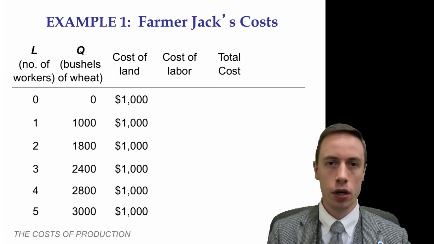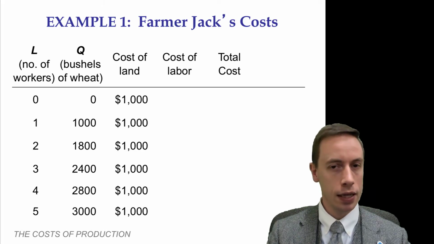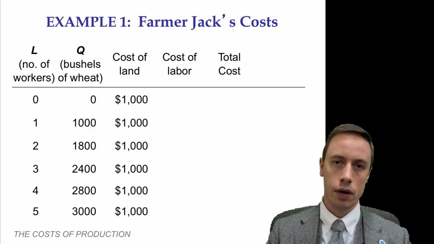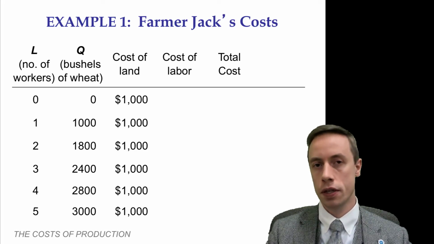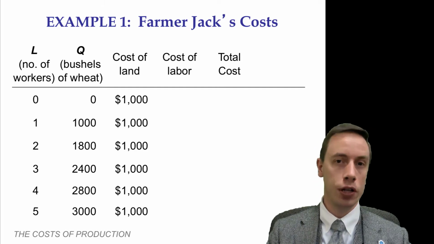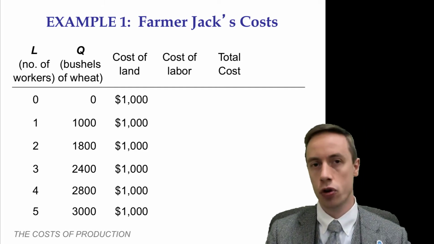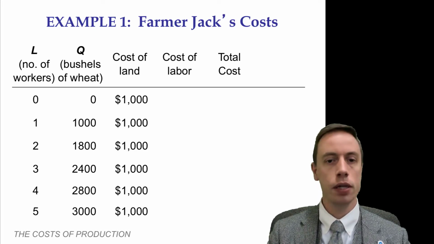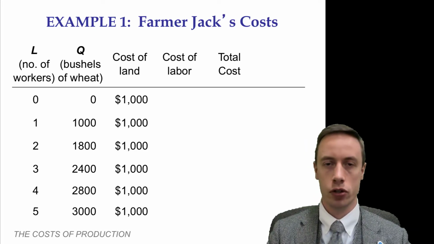This is called shut down. So Jack has his farm, he's leasing the land, but currently he's not growing any wheat. The cost of the land only disappears if Jack gets rid of it. That is referred to as exit in economics and typically is not represented on a production function.